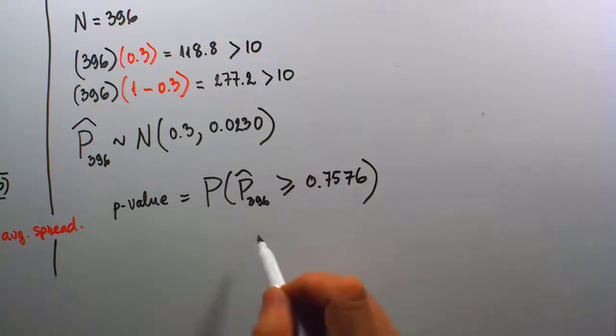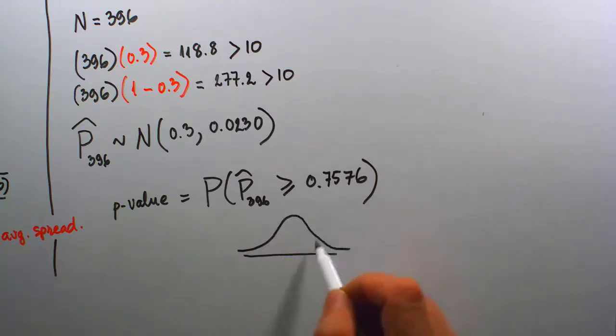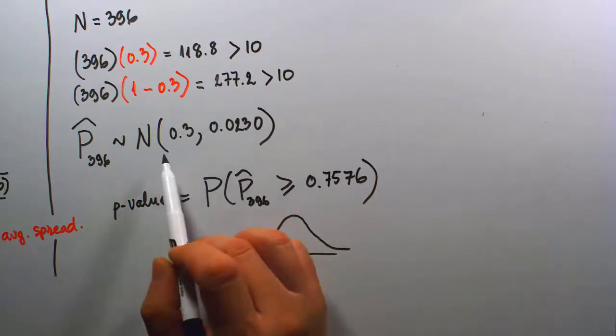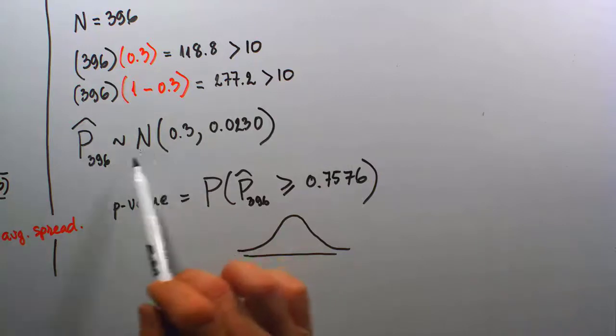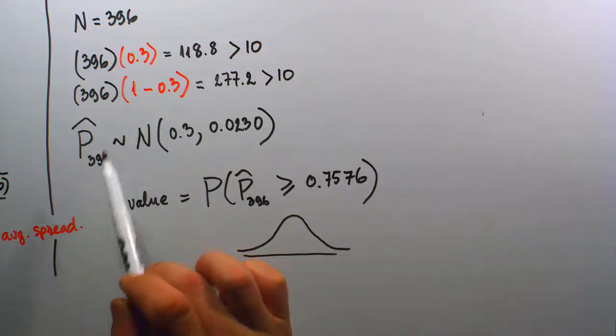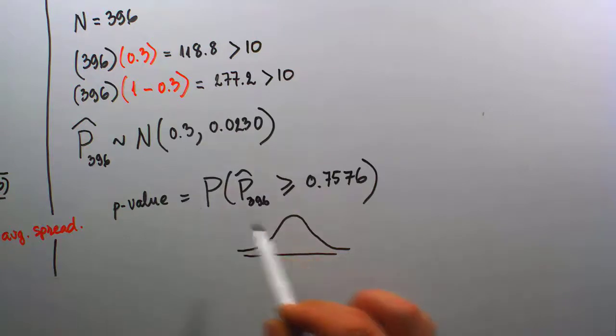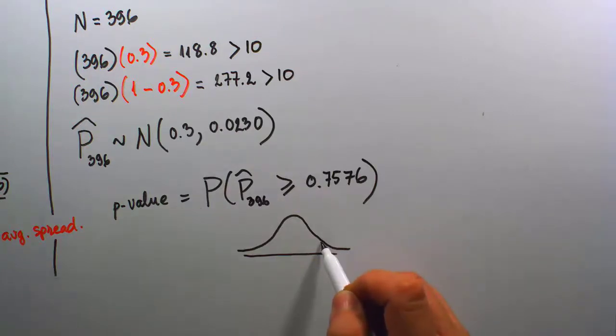Then part of my explanation was that I drew a picture on the bell curve. So this is the reason why we just now proved that all of our sample proportion values at size 396, including the sample that we are currently using, we can place them all on a bell curve. And that's why we can do this calculation as a bell curve problem.